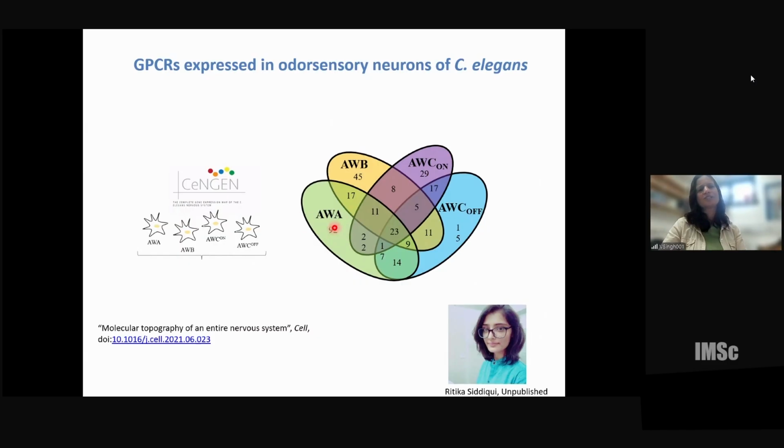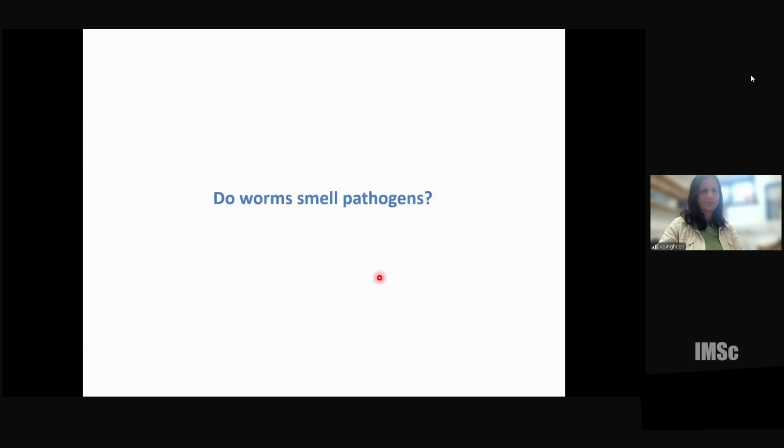And this is the neuron which allows worms to smell diacetyl, for example. This one for smells that worms hate, and so on. So we are going to go after these 474 receptors and see if we can find out what they smell. It seemed like a tall task, but we have begun to do this.